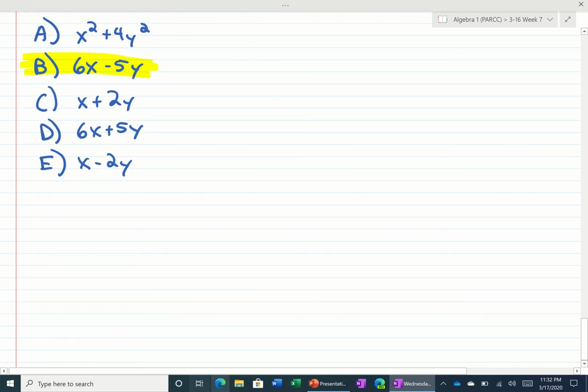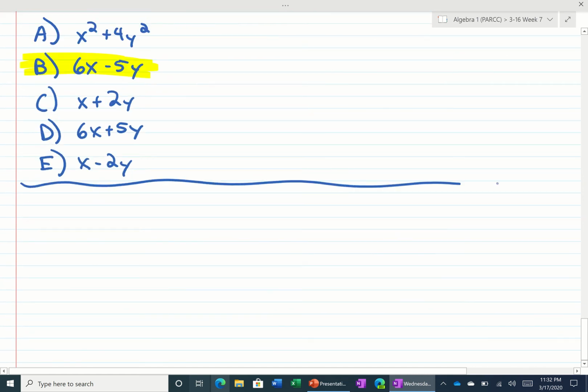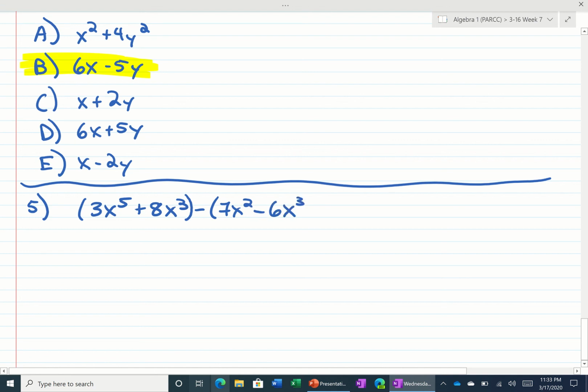Finally, let's take a look at number 5. Number 5, it's saying we have 3x to the 5th plus 8x to the 3rd minus 7x squared minus 6x to the 3rd.